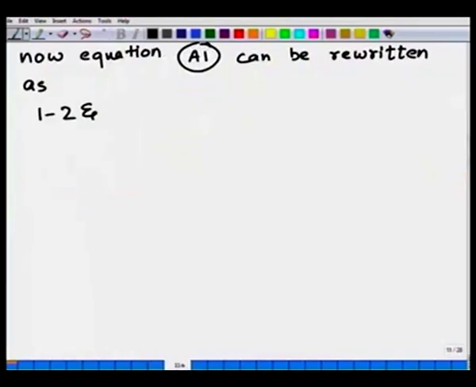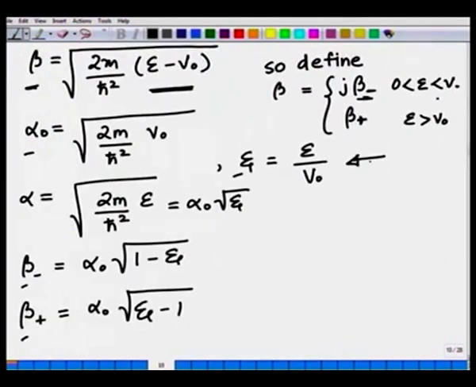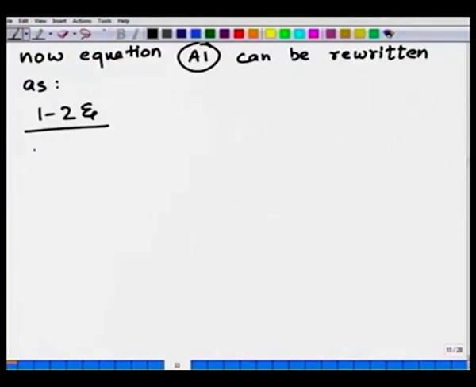Now, I am going to do more algebra and write this in two explicit forms, when energy is less than V0 and when energy is greater than V0. That means when zeta is less than 1, or when zeta is greater than 1. I am writing this solution explicitly for the two cases so that it is easy to follow, and every number involved is a real number.